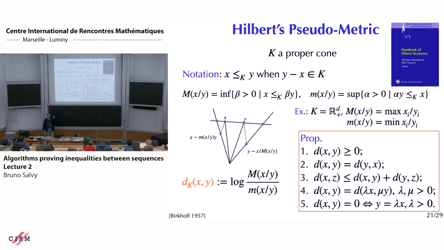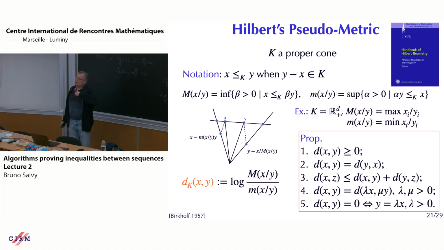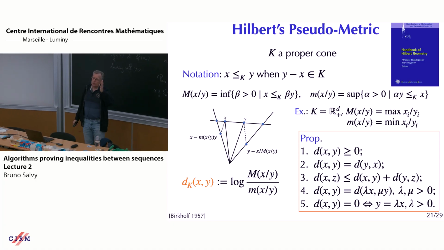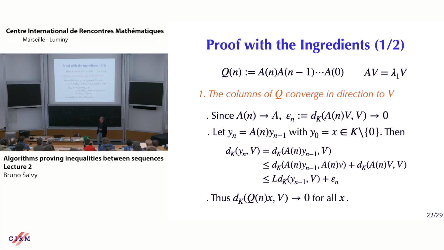Okay, so that's the distance we're dealing with. So now let's prove the existence of a limit vector. I'm going to prove that the columns of Q, this product A_N, the matrix factorial, with V, the dominant eigenvector, the columns converge in direction to V. And that will come from the triangle inequality.